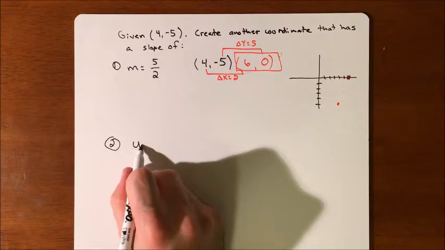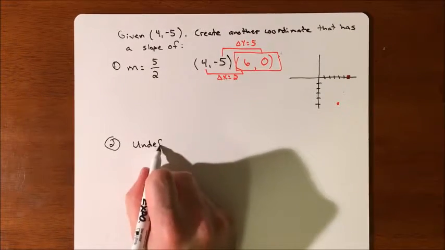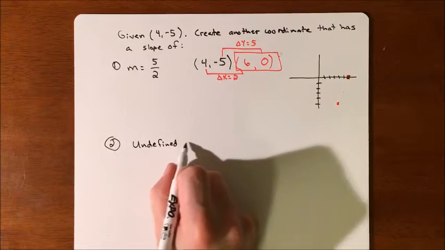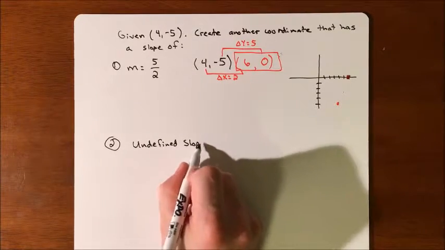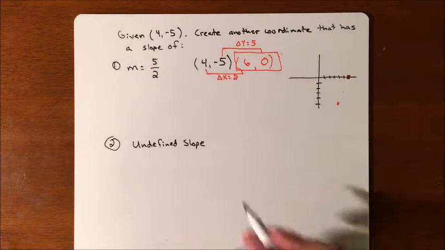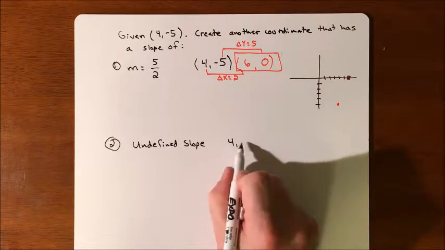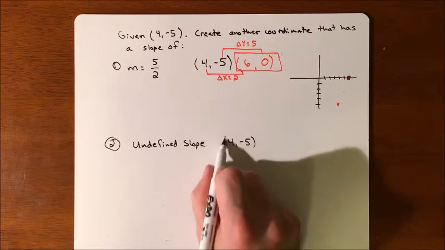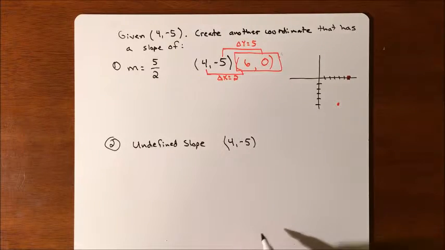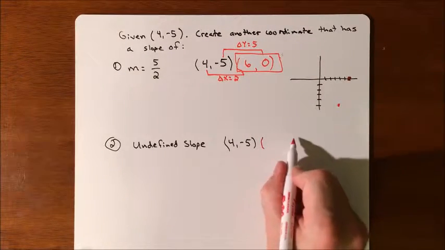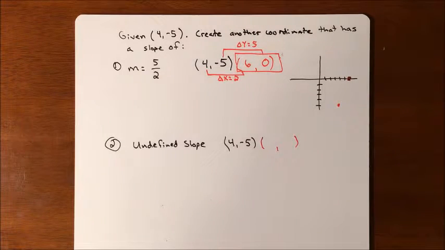And we're going to have an undefined slope. So what does that mean? Well, again, we're looking for a coordinate, and when we graph it, it has a very specific look to it.